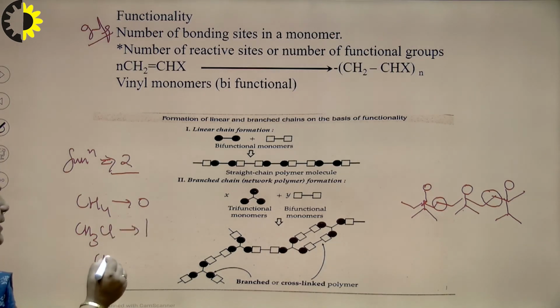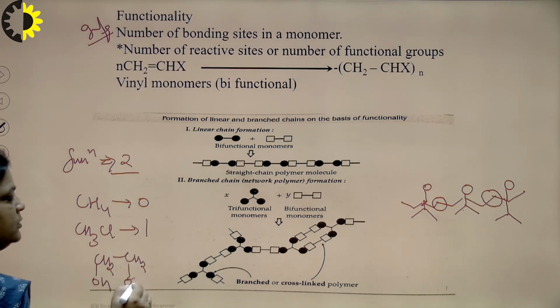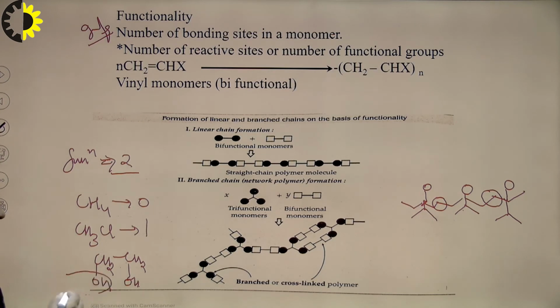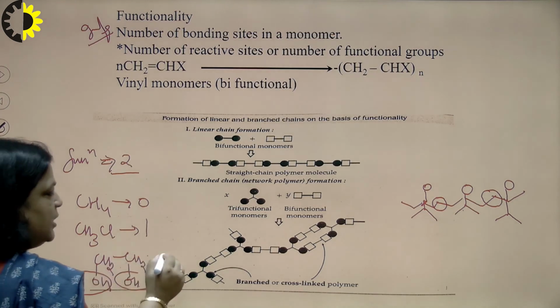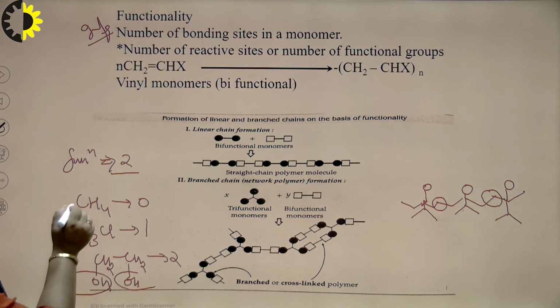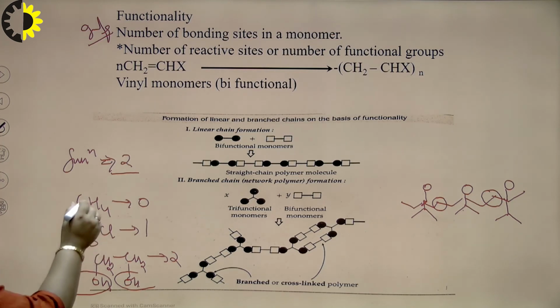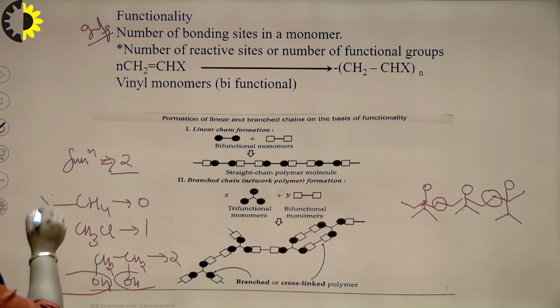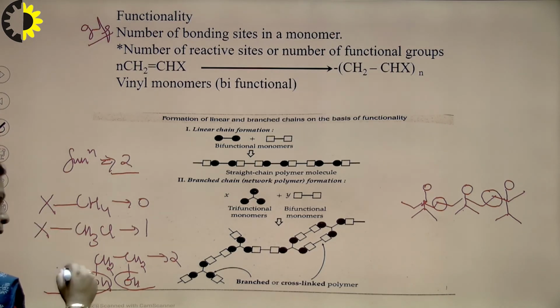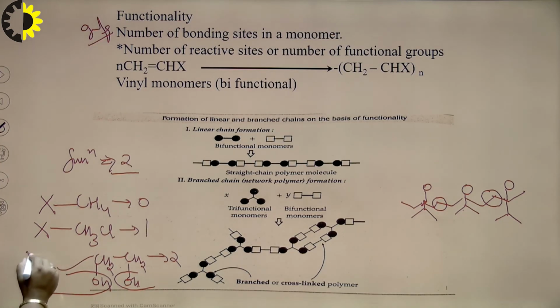For example, CH2OH with a single bond, CH2OH. Now, there are two functional groups. Two functional groups mean the chain can form from here as well as from there. Since there are two functional groups, its functionality is 2. This CH4 and this CH3Cl are not able to form a chain, it means they will not act as a monomer, while for this compound the chain can be formed, it means it will act as a monomer.